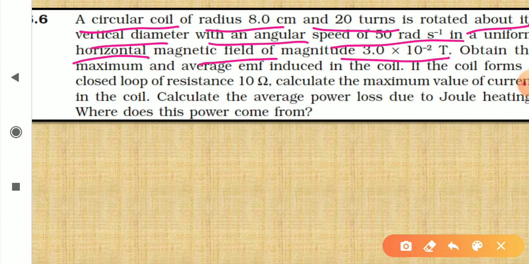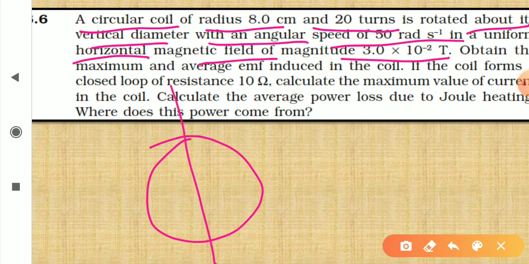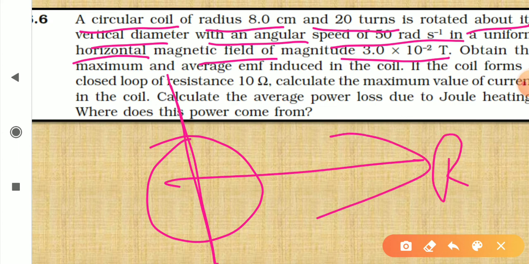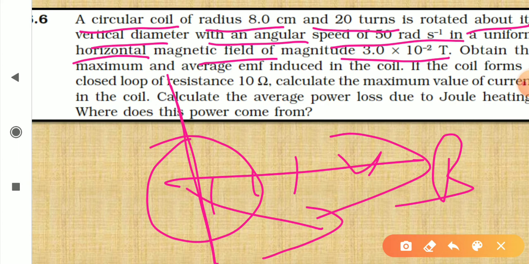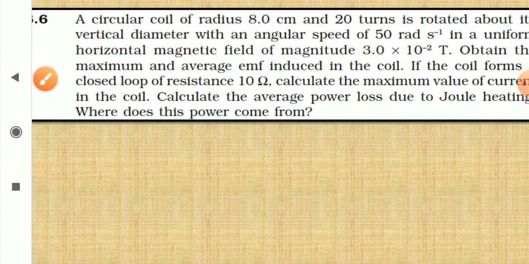So situation is clear that you have a circular coil and it is rotated about its vertical diameter and the magnetic field is uniform. So while rotating, it will be cutting these magnetic field lines continuously. The angle between area vector and magnetic field is changing continuously.